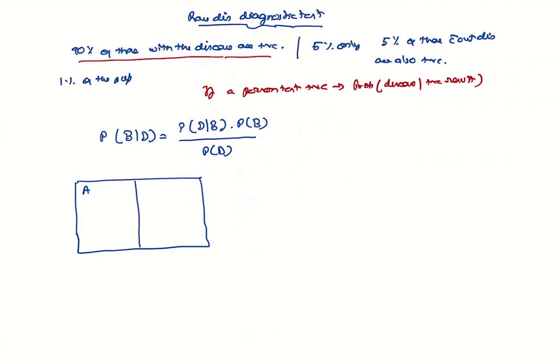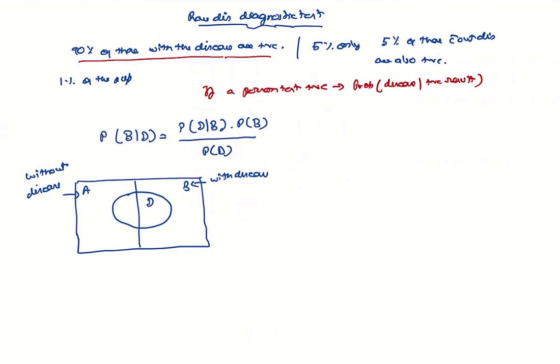We have an A and a B, and this is the D which is overlapping there. This is those without disease, and this is those with disease.